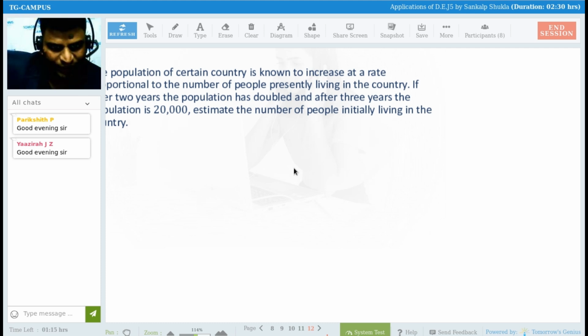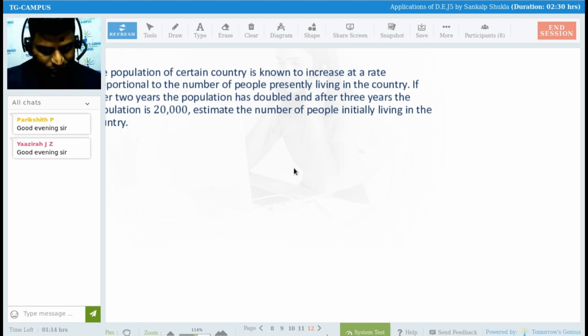The population of a certain country is known to increase at a rate proportional to the number of people presently living in the country. If after 2 years the population has doubled and after 3 years the population is 20,000. I think you are getting your answer as 2,500. If the initial population is 2,500, after 3 years it will be 20,000?